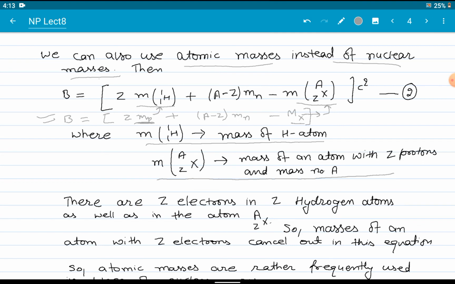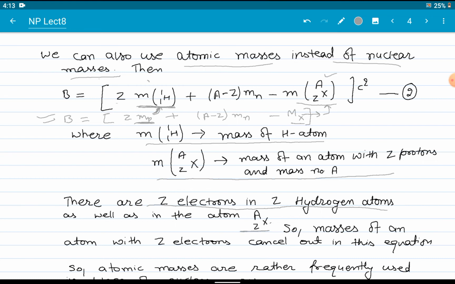तो जब हम मास ऑफ प्रोटॉन को मास ऑफ हाइड्रोजन से रिप्लेस करते हैं, उस केस में क्या होता है बच्चों, there are Z electrons in Z hydrogen atoms. अब Z हाइड्रोजन एटम्स में Z इलेक्ट्रॉन्स भी हैं, लेकिन इलेक्ट्रॉन्स का मास एडिशनल है, we were discussing only about protons. तो ये जो एडिशनल मास है ये कैंसल आउट हो जाता है, क्योंकि Z इलेक्ट्रॉन्स इस एटम में भी हैं.